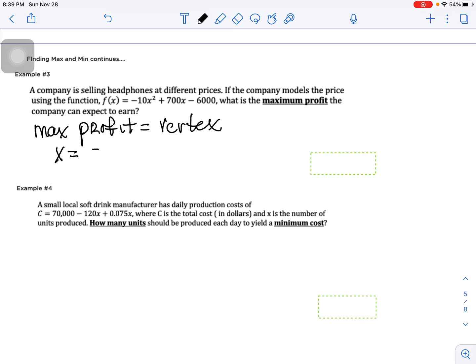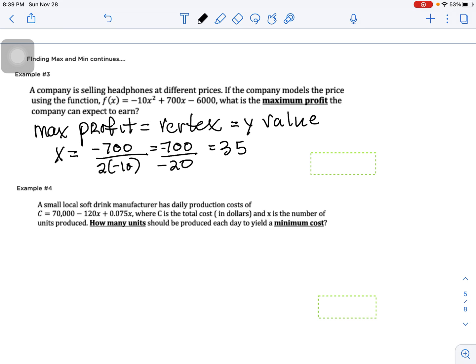So x equals the opposite of b. So b is 700 over 2a. So that's negative 700 over negative 20. That's 35. Now notice it says, what is the maximum profit? We found x, but the maximum profit is the y value of the vertex. So I have to plug that 35 in.